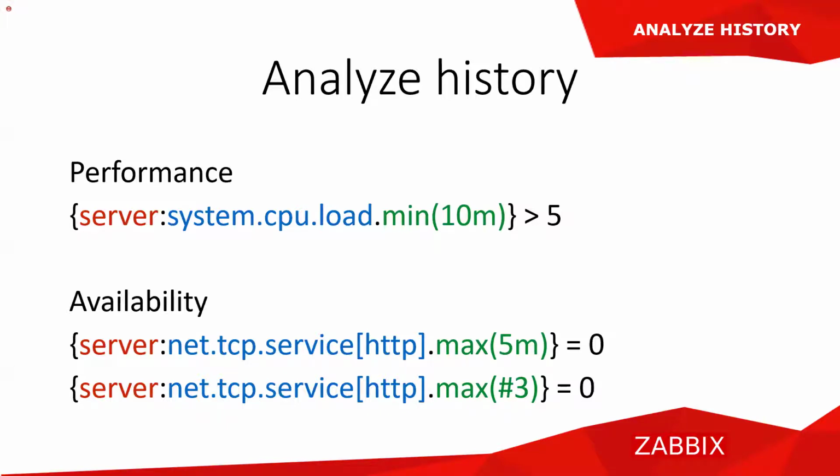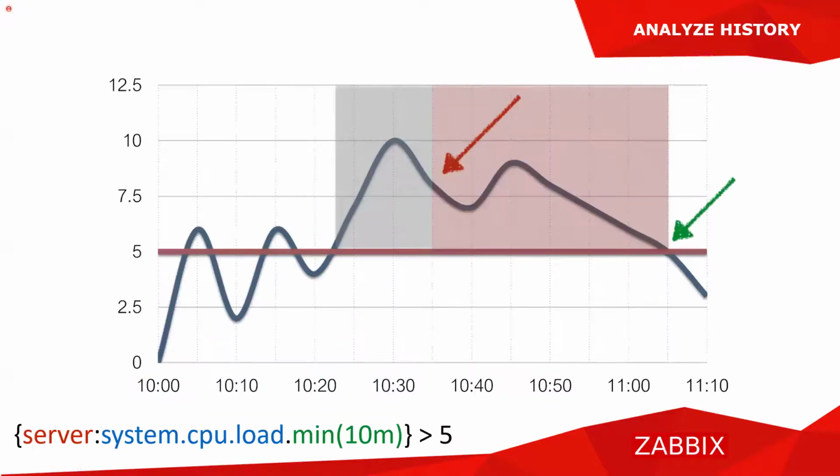For that we can use the hash, and in this case this stands for the maximal value for the latest three values received being equal to 0, and then the trigger will fire. How does it help? Well, we can see an example right here.